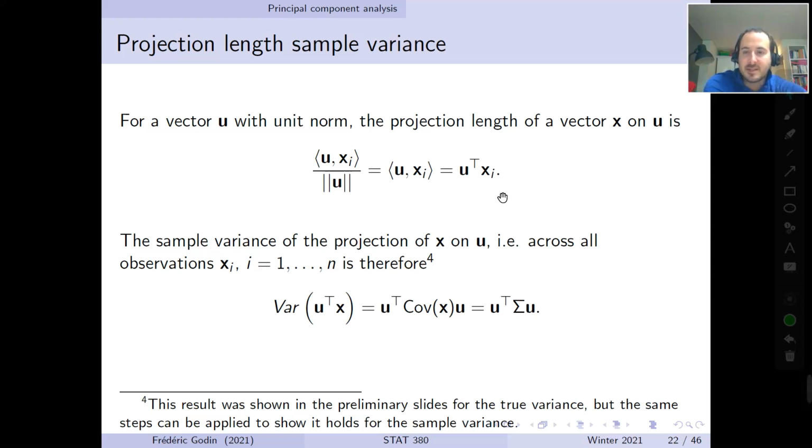Conversely, if we consider the sample variance across all observations i of a data point x on u, then the variance would be as follows.